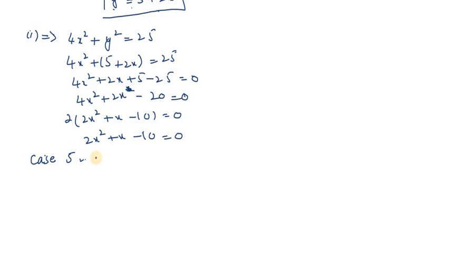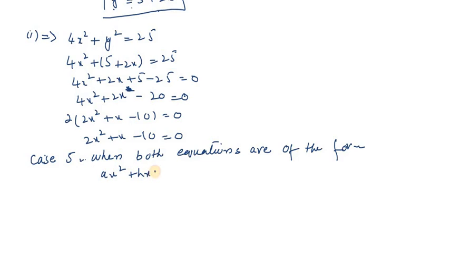In type 2, case 5, when both equations are of the form ax square plus hxy plus by square plus c is equals to 0, where a, b and h are non-zero.